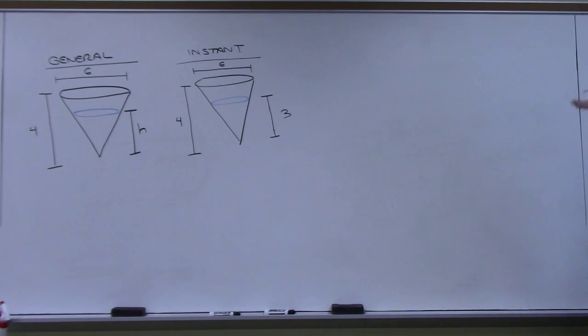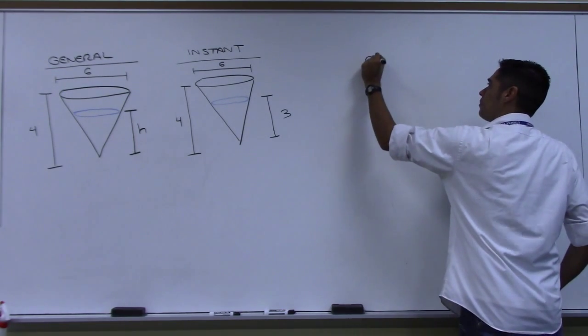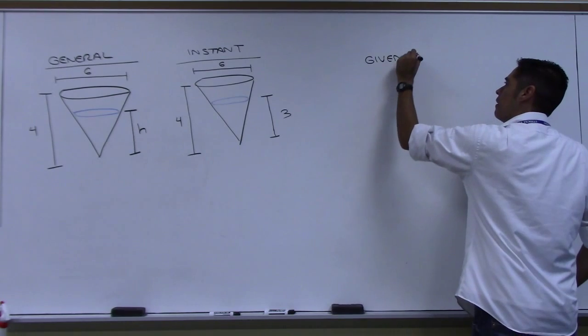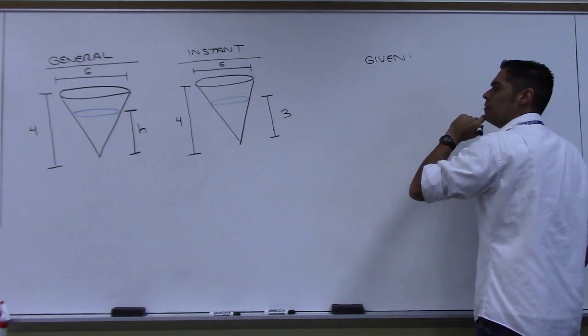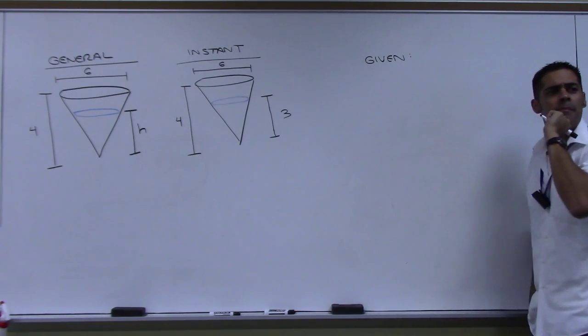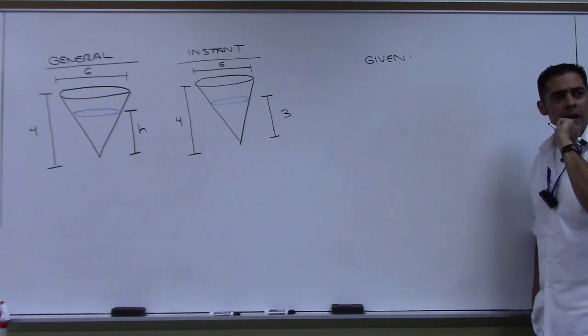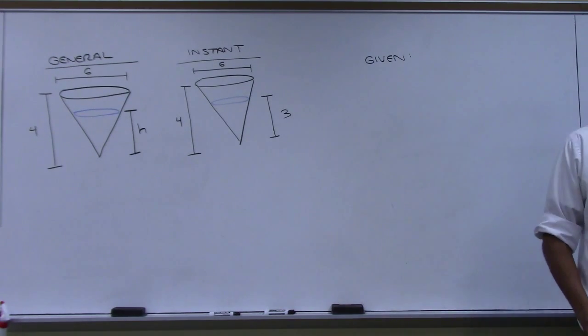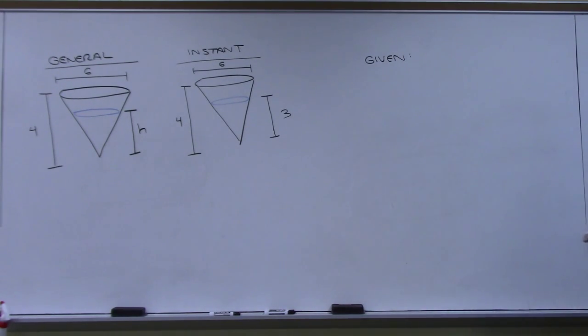Would you all agree, if you're just first setting this up, that's what you would look at, and that's pretty much a lot of the information right there? All right, what is it that you're given? The rate is 2 pi cubic inches per second. The rate of the water being poured. Okay, so what unit of measure is that? It's volume.